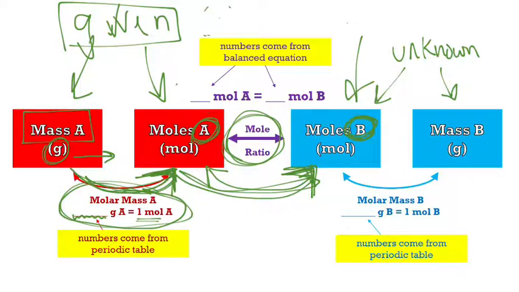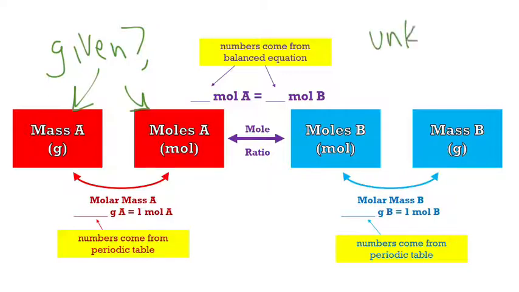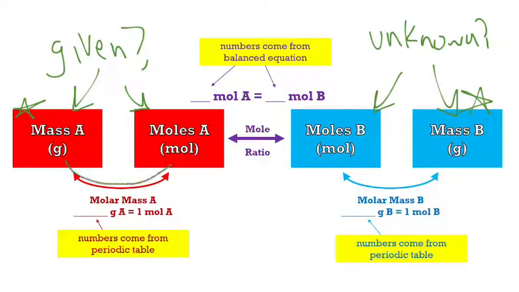But that's all that I really have to do once I have this map, is ask myself, what am I given, mass or moles? What is my unknown, moles or mass? And once I know that, I know where I'm starting, and even if I'm going all the way from the beginning to the end, then I know every step I'm going to have to take to get there.